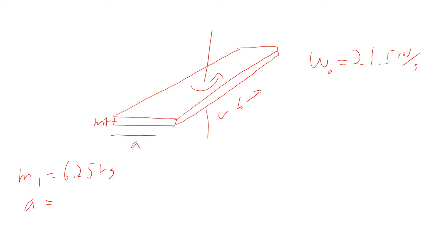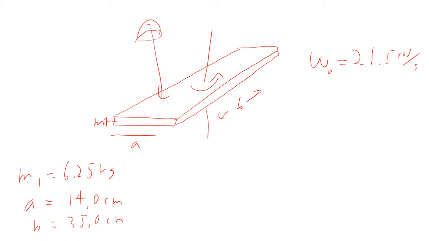Let's say that the width of it here, A, is going to be 14 centimeters. And dimension B is going to be equal to 35 centimeters. Now, we then drop a hemisphere onto this thing.